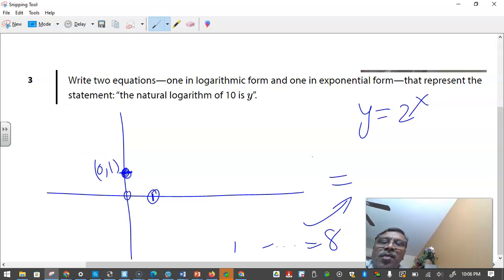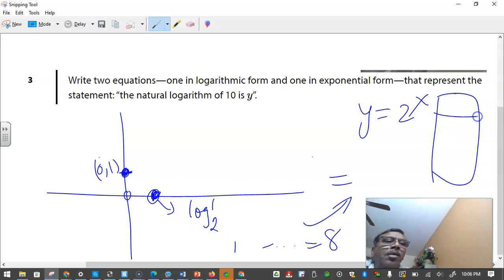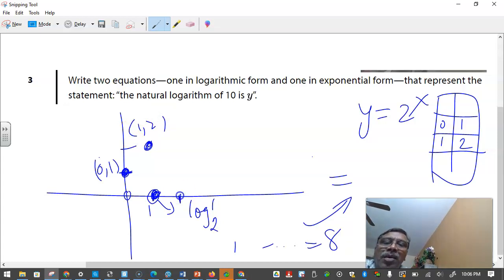See? So this one is actually the logarithm of 1 to the base 2. Now if I put 1, 2 raised to 1 is 2. That means if this is 1, the answer is 2 here, right? And you can just switch the thing and say 2 gives 1.